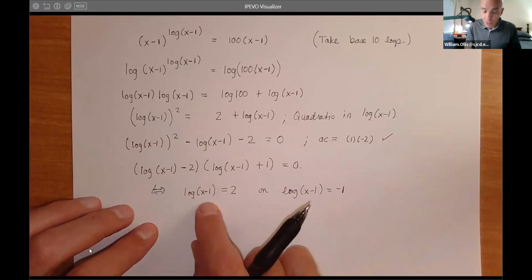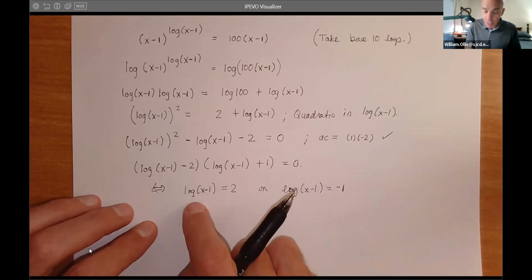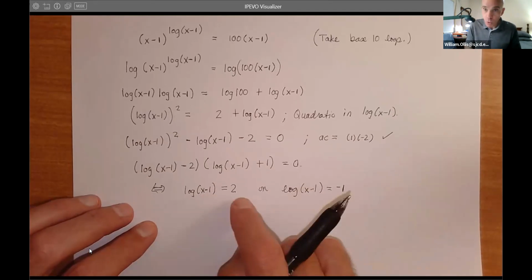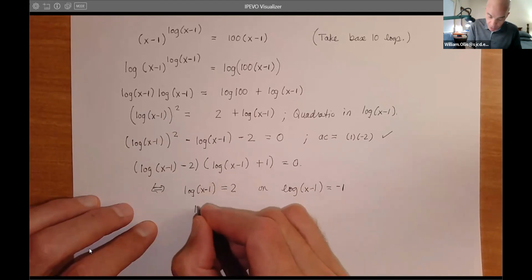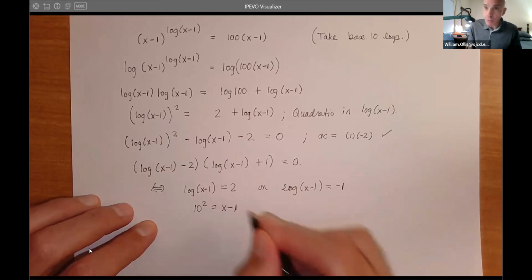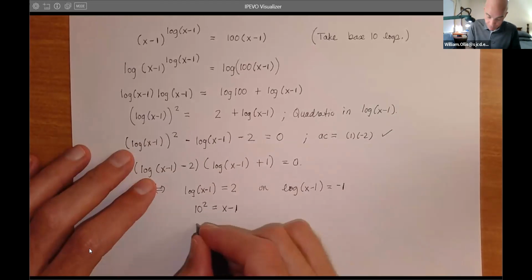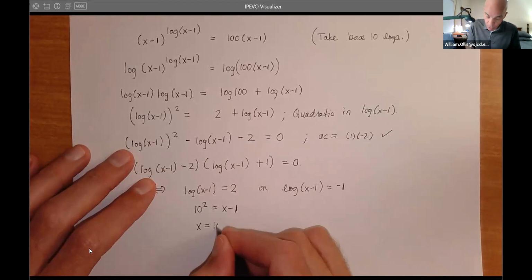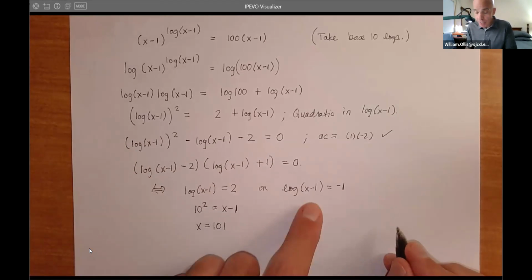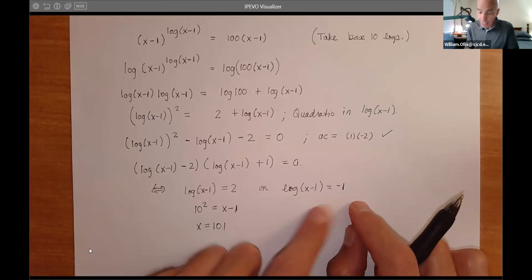So now we say, what's a logarithm? Well, the power of 10 that equals x minus 1 is 2. So 10 to the 2 equals x minus 1. What's a logarithm? Power of the base. So now x, we just add 1 to 100, and we get 101. Now here, same thing. The power of 10 that equals x minus 1 is -1.